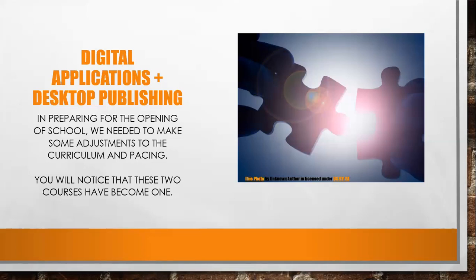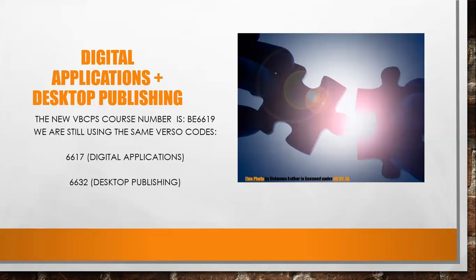There's a new course number for that, which is 6619. What I want to assure you of is that we're still using digital applications and desktop publishing competencies from Verso.